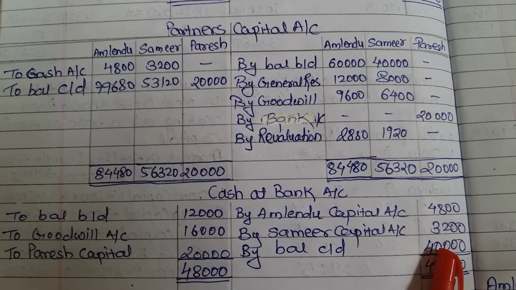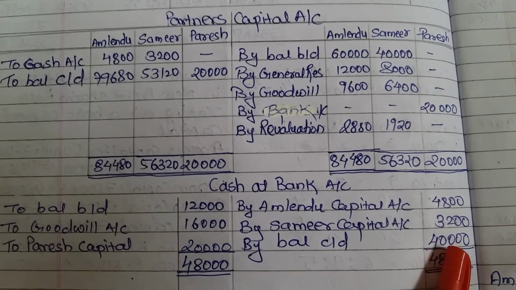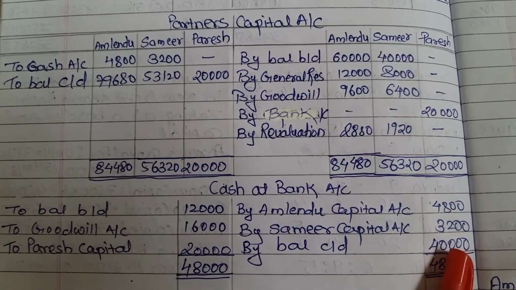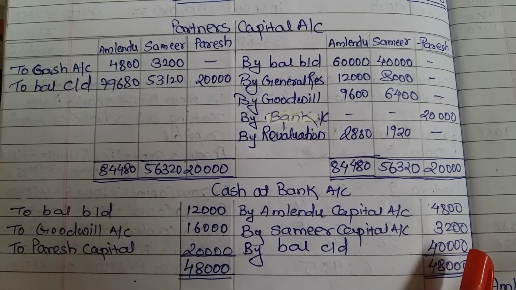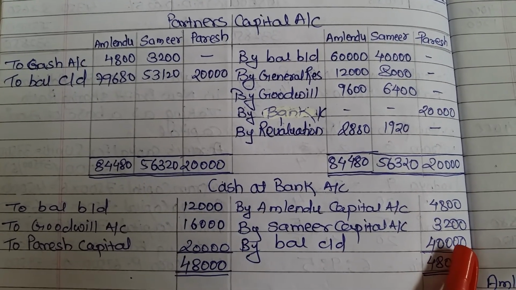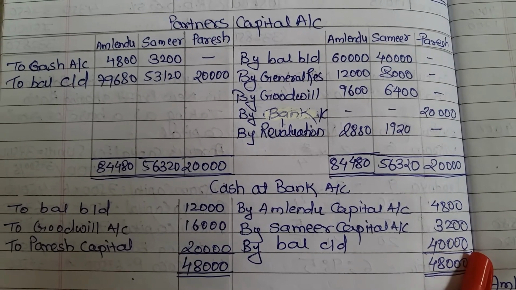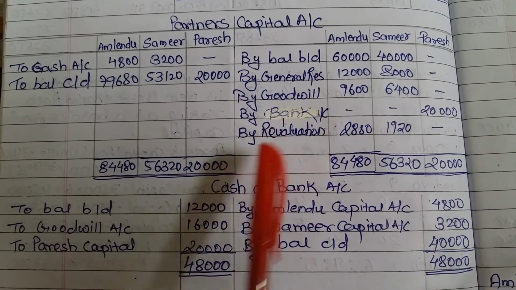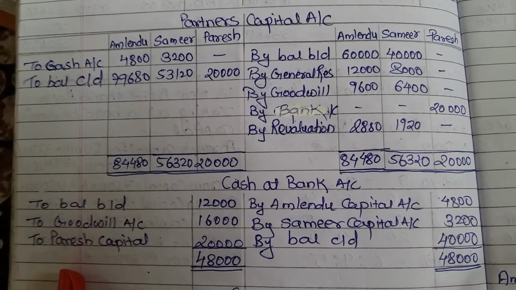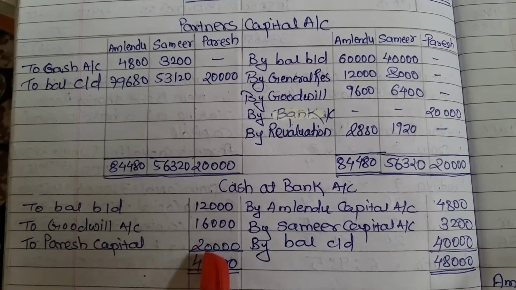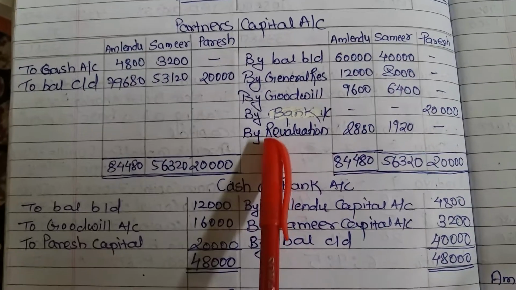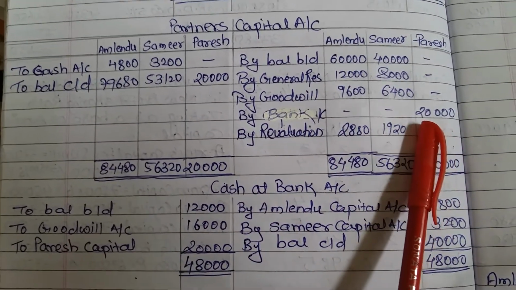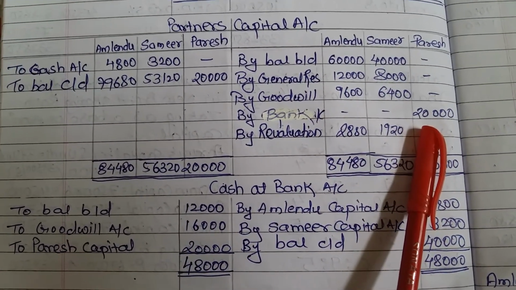Clear? It means the first adjustment will be clear. Now the second adjustment says that Paresh will bring 20,000 as his share of capital for the future profit. So the entry will be cash account debit to Paresh capital account, right? It means by capital by bank account 20,000.